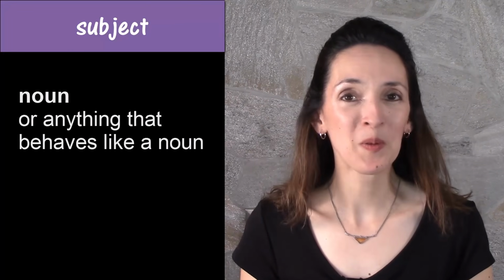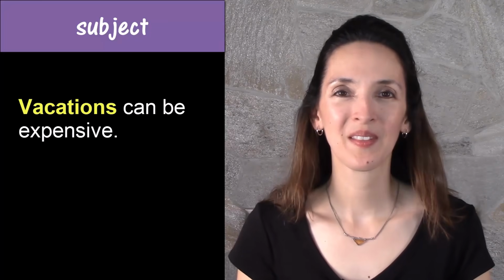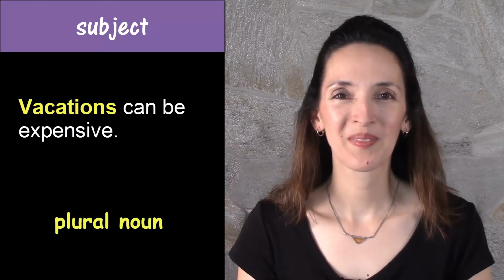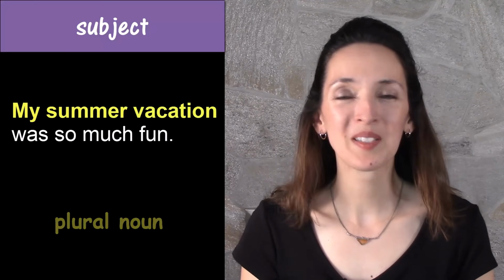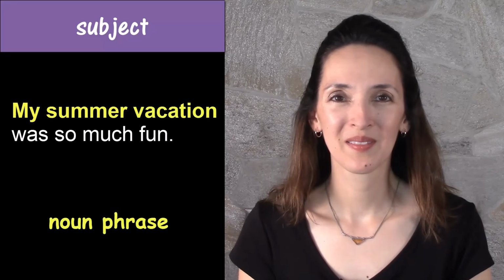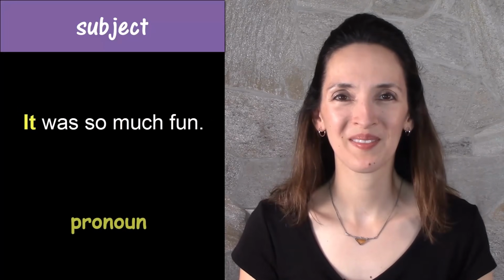I told you that a clause has a subject and a verb. Remember that the subject can be a noun or anything that behaves like a noun. Vacations can be expensive. My summer vacation was so much fun. It was so much fun.